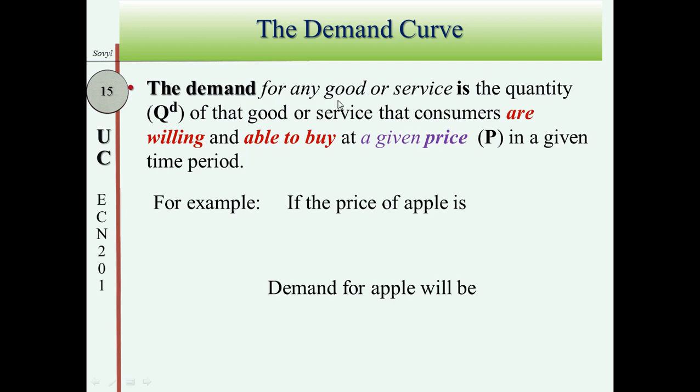Demand for a good or a service is the quantity of that good or that service that buyers are willing and able to buy at any given price, in any period of time. This is the answer to the question, what does it mean demand for a good or a service? Okay, let's see an example.